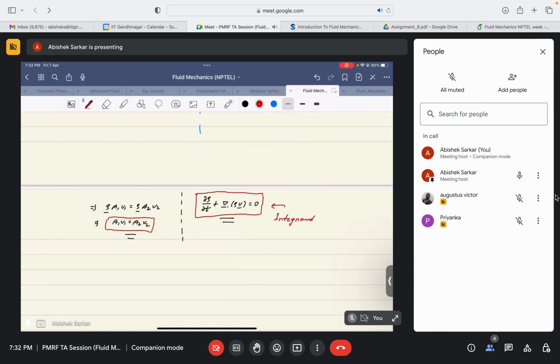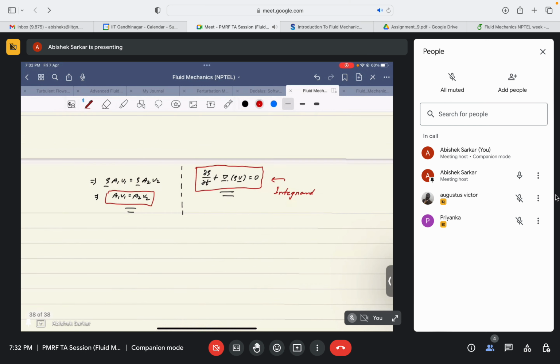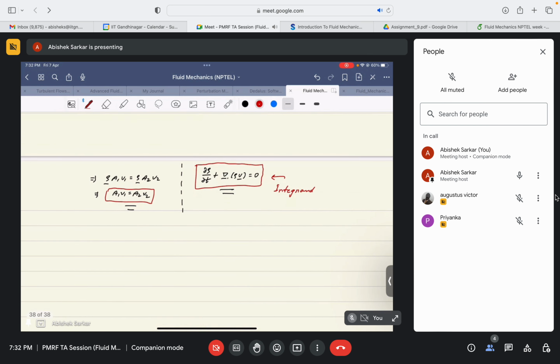So as you have rightly mentioned, it tells us about mass conservation. I guess in the first session itself, I have told that any fluid mechanics problem could be approached by three conservation laws, and should adhere itself to them.